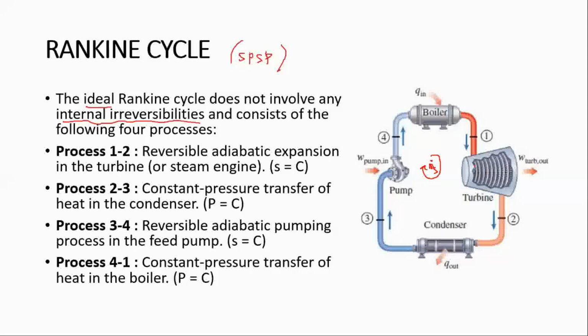Okay, at point 1. And then, magkakaroon siya ng expansion. Ideally, S is equal to C, so, constant entropy. Kaya siya reversible adiabatic expansion or isentropic process. So, ibig sabihin natin, in this case, S at point 1 is equal to S at point 2.